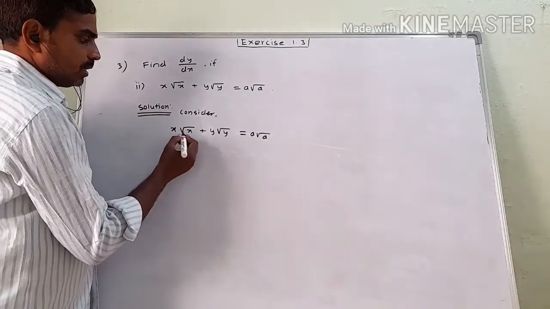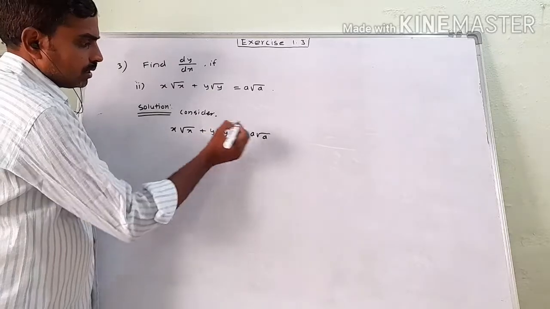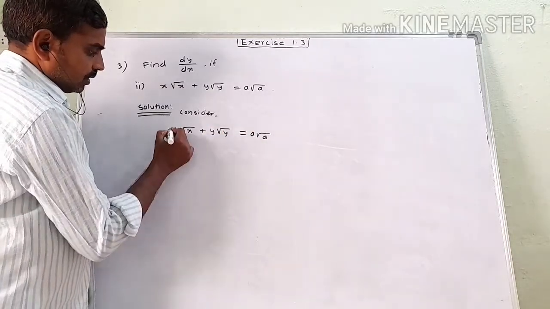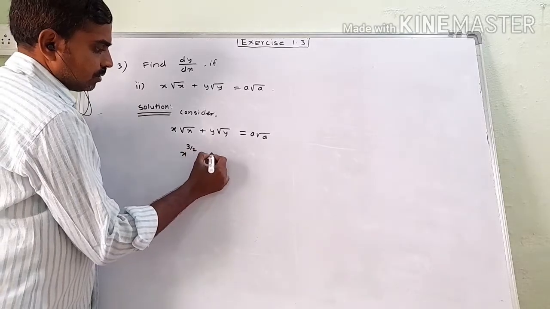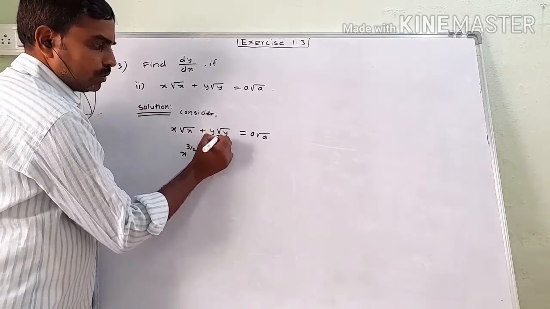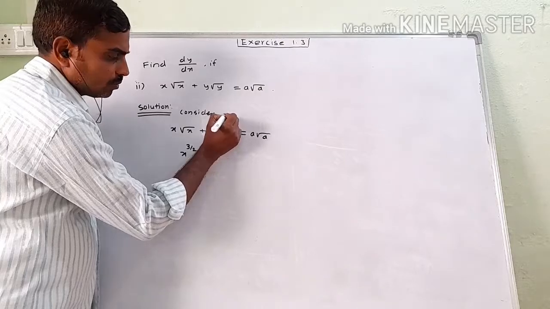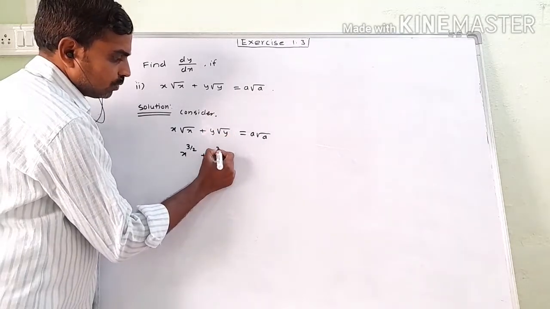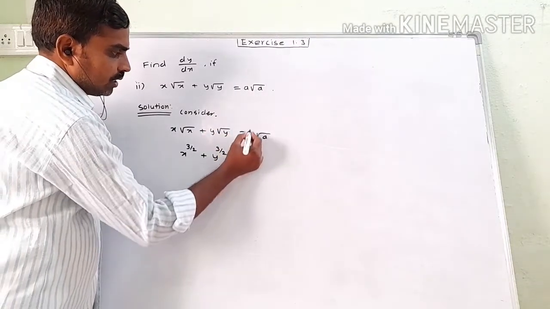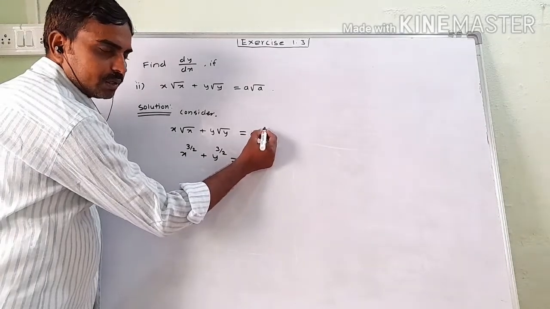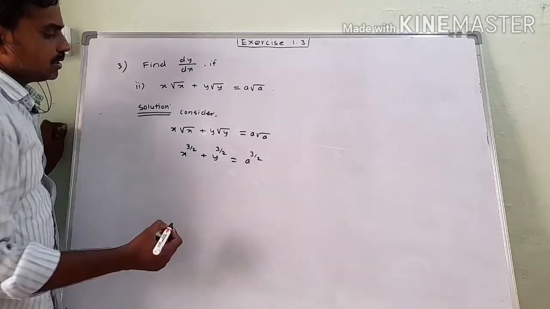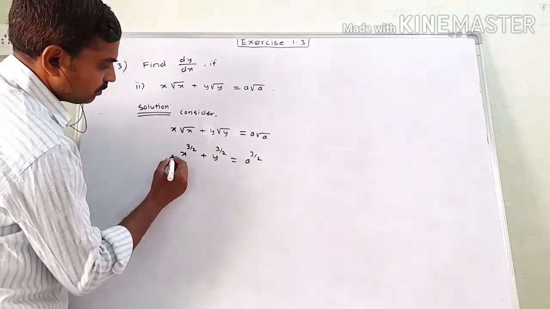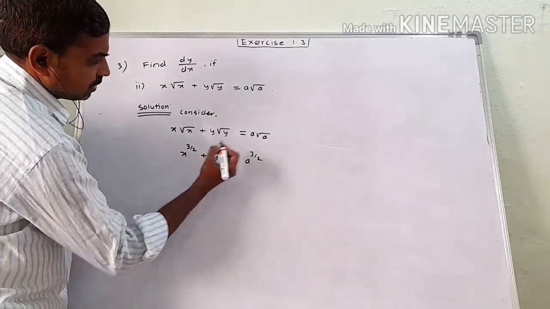Now first of all we will write 1 power for each expression. x raised to 1 into x raised to 1 by 2 means x raised to 3 by 2 is there, plus y raised to 1 into y raised to 1 by 2, root y means 1 by 2, 1 plus 1 by 2, 3 by 2 is there. a raised to 1 into a raised to 1 by 2, 1 plus 1 by 2, 3 by 2. Now this is an equation in which all terms have 1 power.